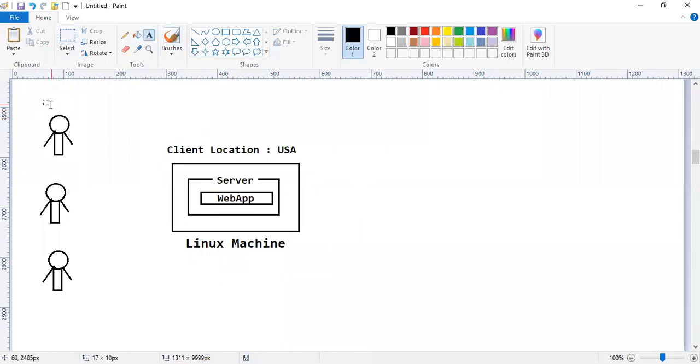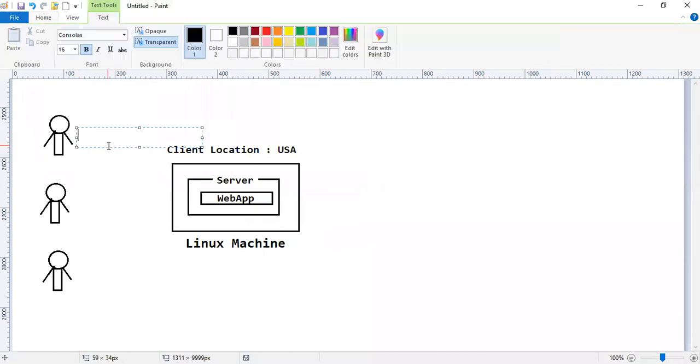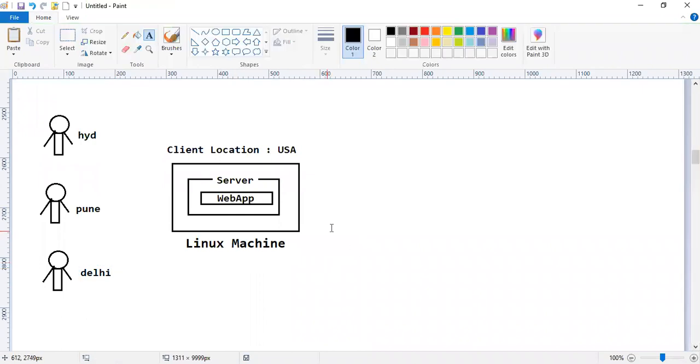This developer is in Hyderabad, he is a Pune developer, and he is an administrator in the Delhi location. But where is my Linux machine available? My Linux machine is available in the client location in the USA.